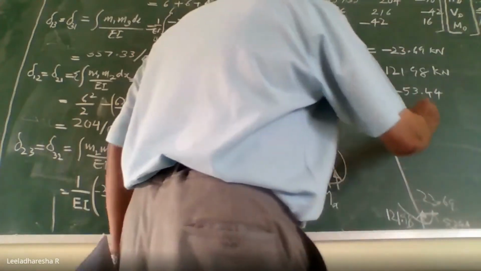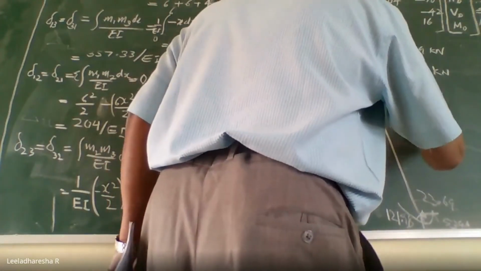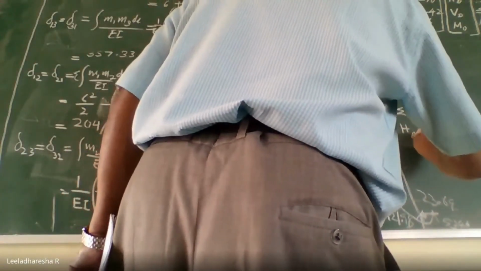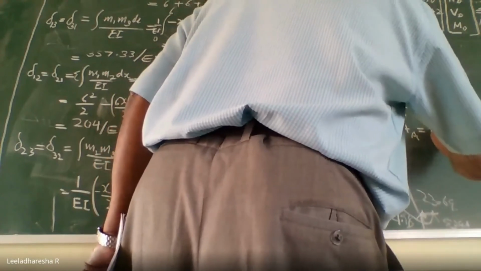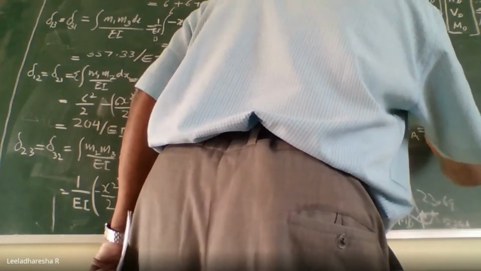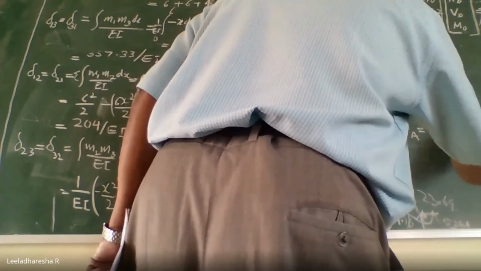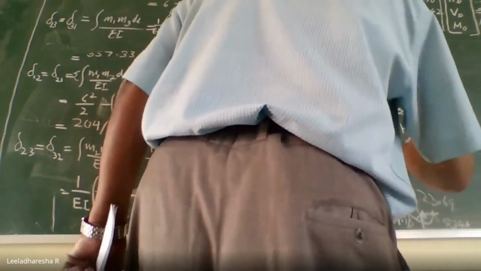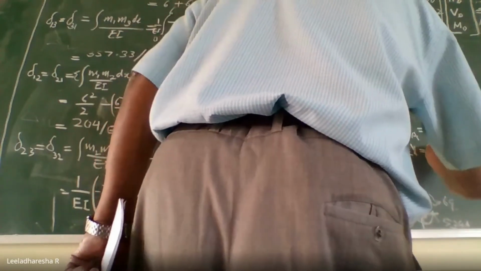See, use three conditions of equilibrium. Sigma H equal to 0. Only two horizontal forces are there. Therefore, HA equals 23.69 kilonewton. And equate sigma V to 0.